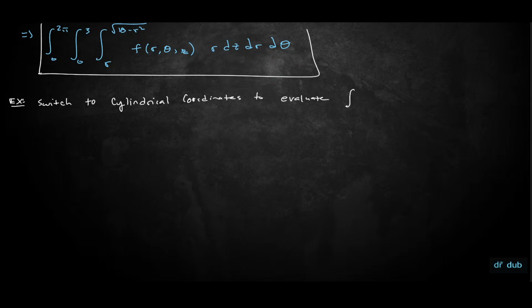And we have the integral from 0 to 1, integral from negative square root of 1 minus x squared to positive square root of 1 minus x squared, integral x squared plus y squared to 2 minus x squared minus y squared, x squared plus y squared to the 3 halves, dz, dy, dx.